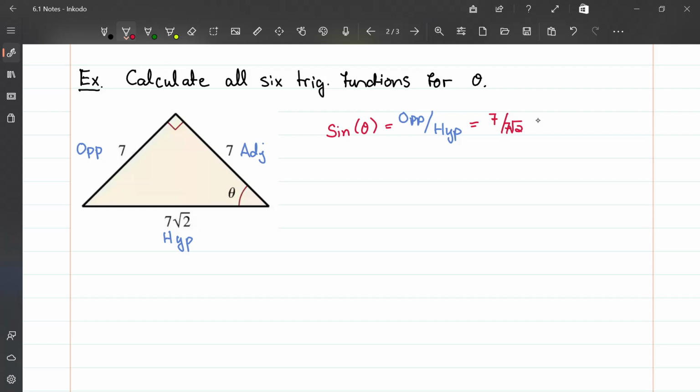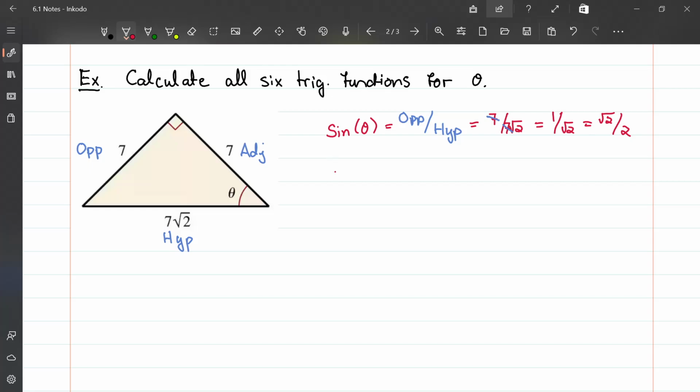This can be simplified. Obviously, we have a couple of 7s hanging around, so I can cross out the common factor of 7. This will lead us to 1 over the square root of 2, and hopefully everybody will be familiar with how this rationalizes. It should be root 2 over 2.